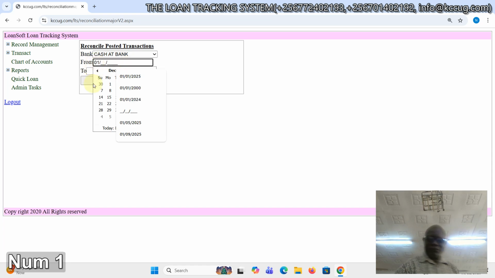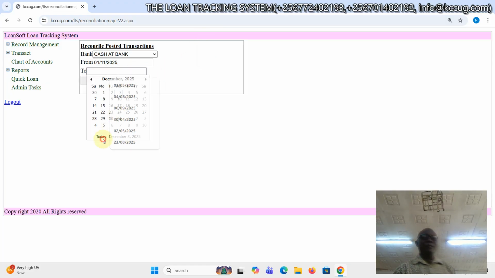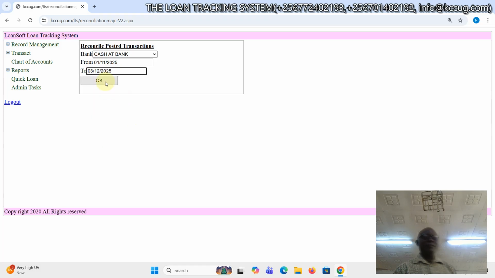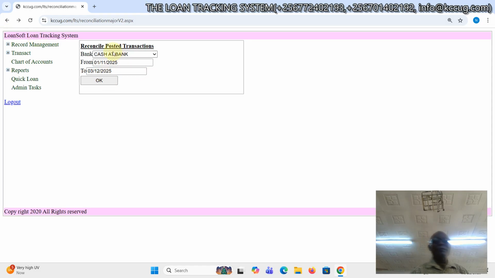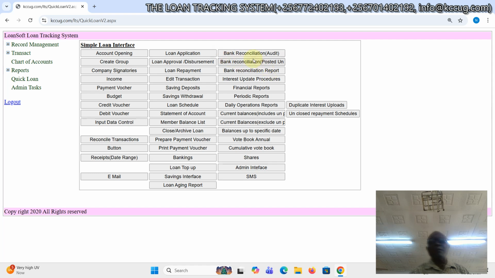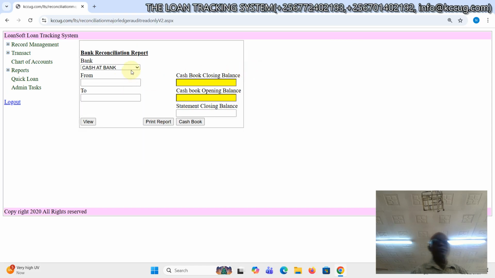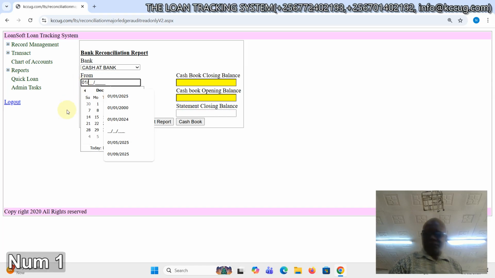Then from 1st of November 2025. Consider deposited transactions. No. Yes, I think bank reconciliation. This one is the one which we want. Indicate the date, 1st of November 2025.